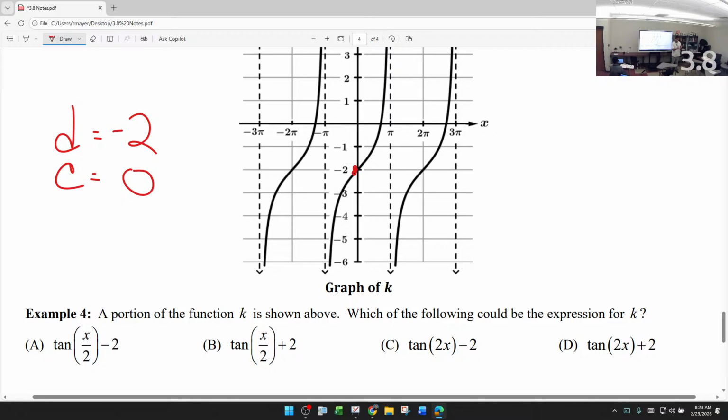And I don't mean 0 as in the y-axis. Wherever the inflection point is and the asymptote, halfway between that, I should be at 1. That's the A value.